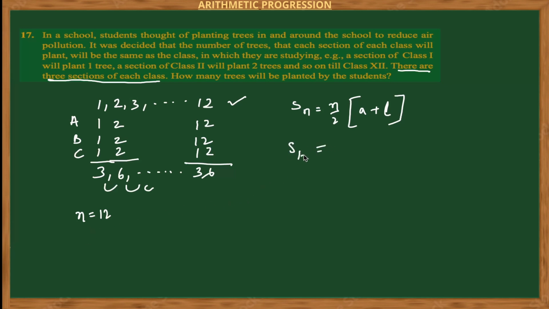S of 12 is equal to 12 divided by 2, times a plus l. What is a here? The first term is 3. And what is l? l is 36.